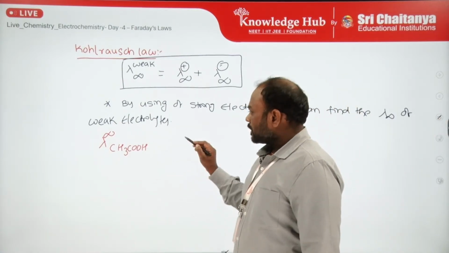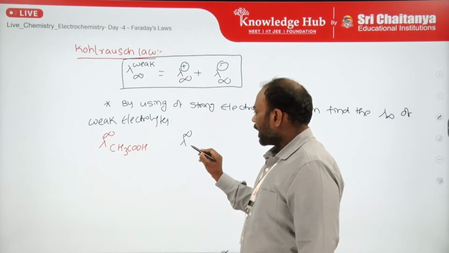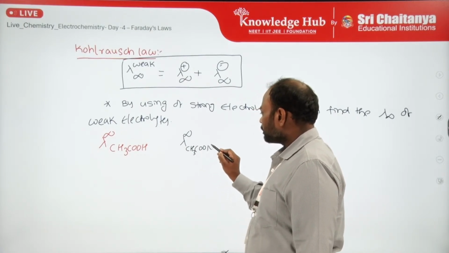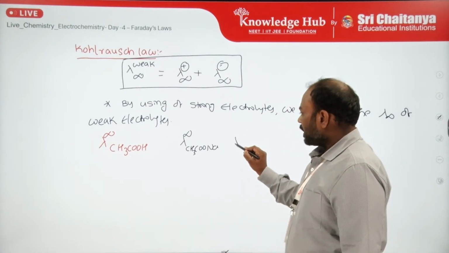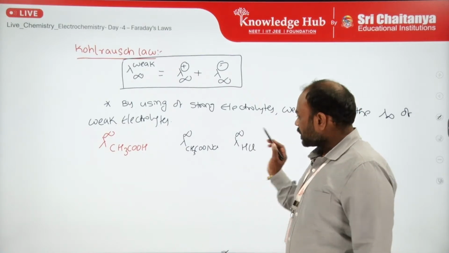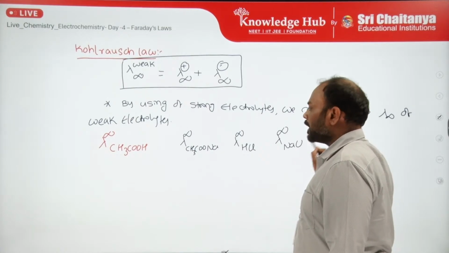Strong electrolytes. See, equivalent conductance at infinite dilution of sodium acetate. This is a strong electrolyte. Lambda infinity of HCl. It is also a strong electrolyte. Lambda infinity of NaCl.